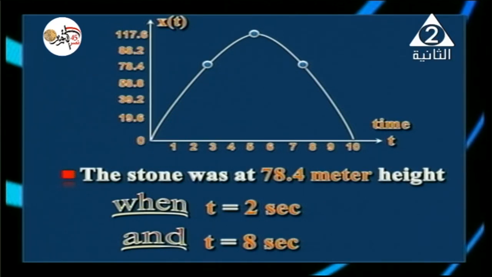How? When we project the stone upward, at t equals 2 in ascending, the stone reaches 78.4, and when it gets back at t equals 8, the stone is still at 78.4 meter.